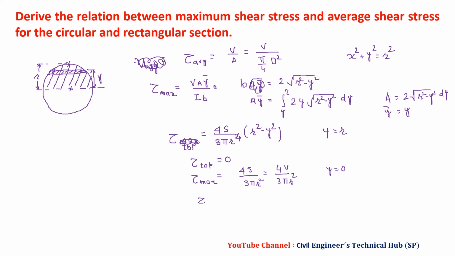And from this we will get tau max upon tau average, that will be equal to 4v upon 3 pi r square divided by v upon pi by 4 d square. d by 2 is r, so it becomes pi r square.